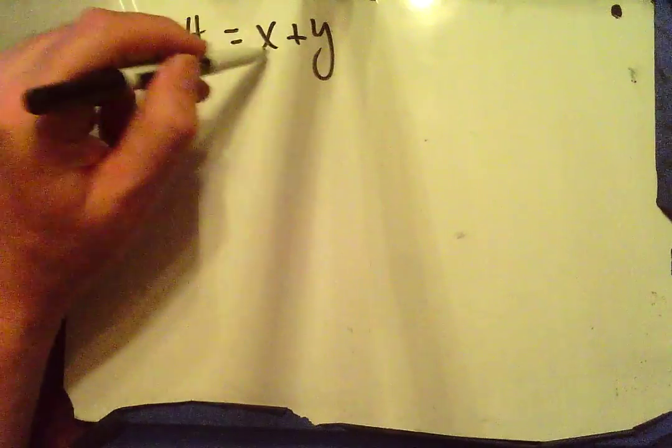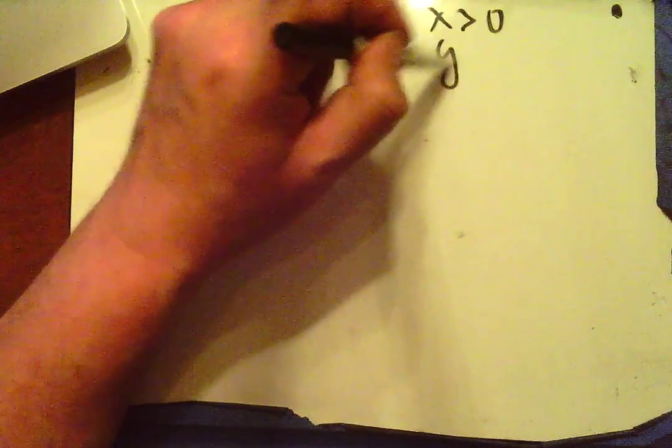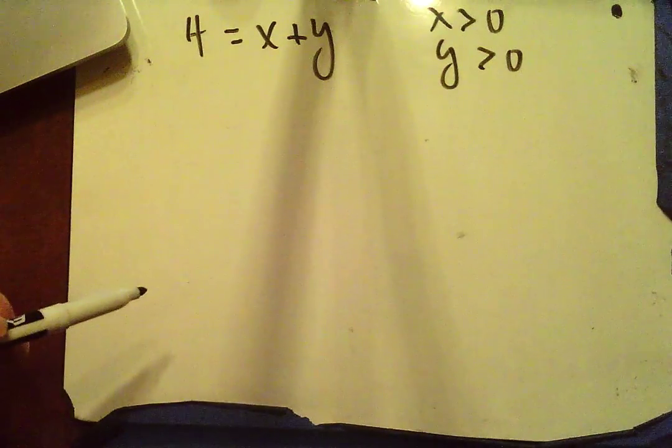Number 8 says, express the number 4 as the sum of two positive numbers. 4 equals x plus y, the sum of two positive numbers. So x has to be greater than 0 and y has to be greater than 0.